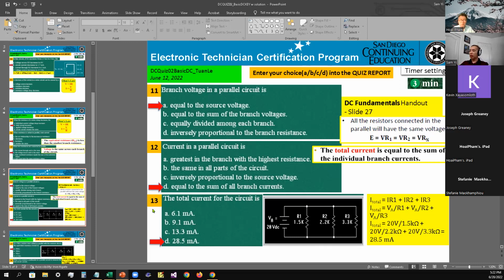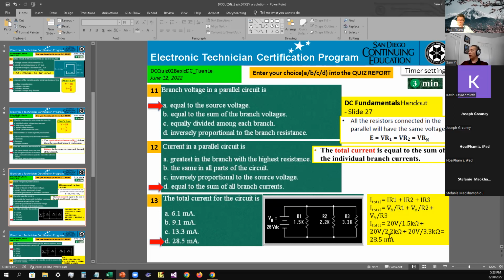Number 13, the total current for the circuit is... In this case, you do the calculation. Your formula is I total equals IR1 plus IR2 plus IR3. To find IR1, it's VA divided by R1, IR2 is VA divided by R2, and IR3 is VA divided by R3.